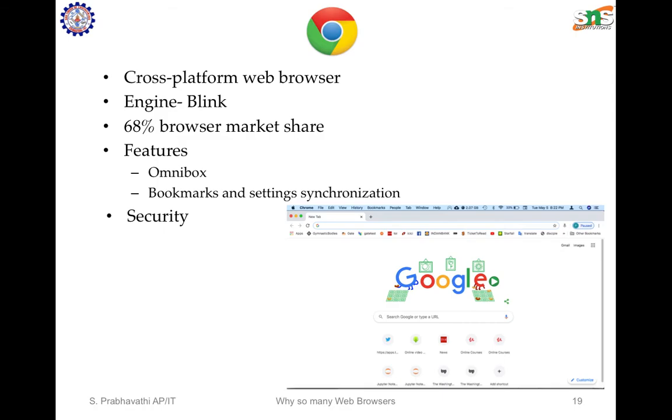sync passphrase. And about security, Chrome periodically retrieves updates of two blacklists, one for phishing and the other for malware, and warns users when they attempt to visit a site flagged as potentially harmful.